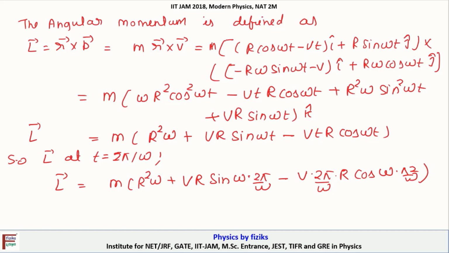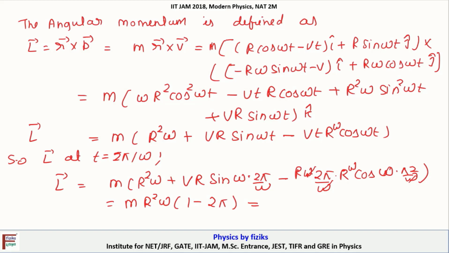Further v is rω. Here one term ω is there, so ω would cancel out. The cos 2π would be 1. We can take m r square ω outside: (1 minus 2π).